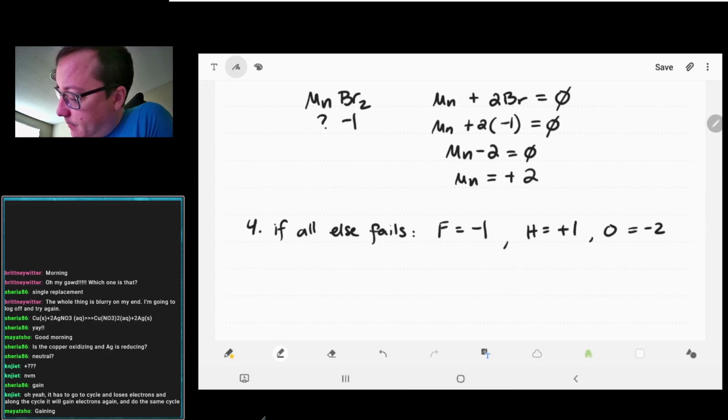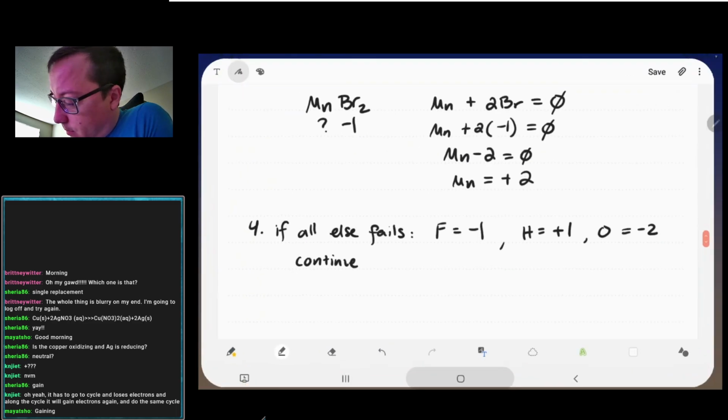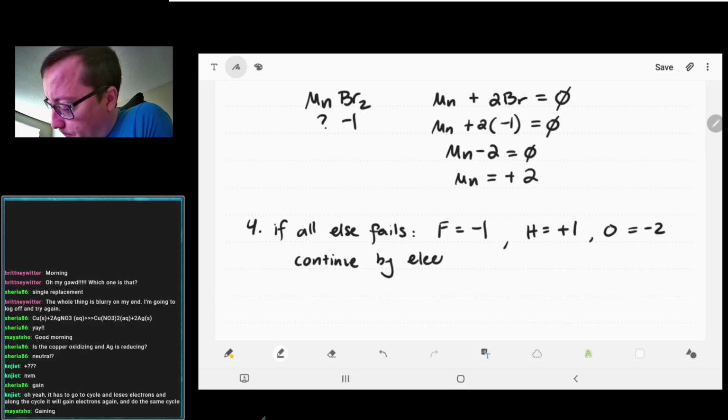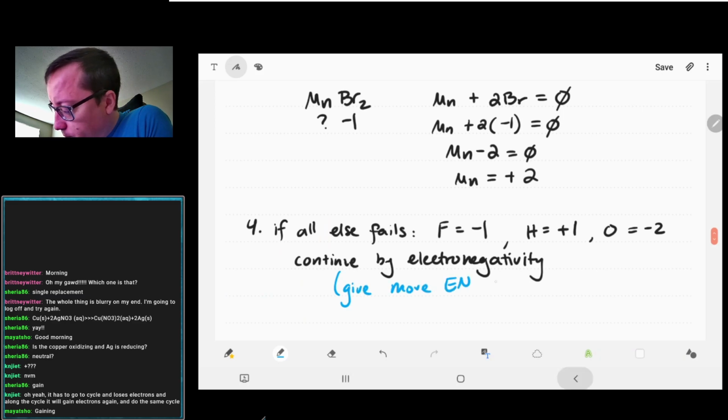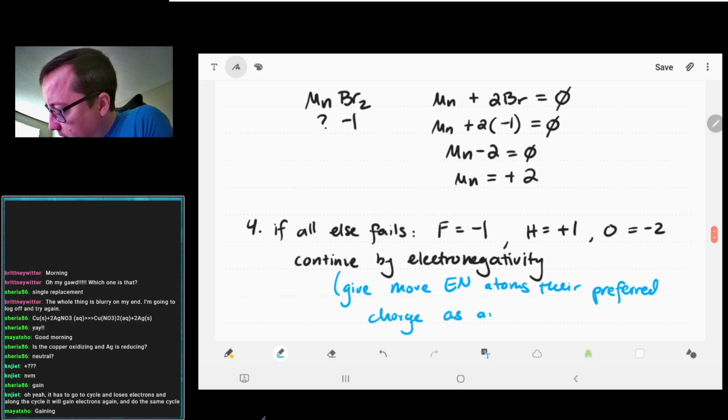And then we continue by electronegativity. Again, we'll see what all this means. We want to give more electronegative elements their preferred charge as an oxidation state.